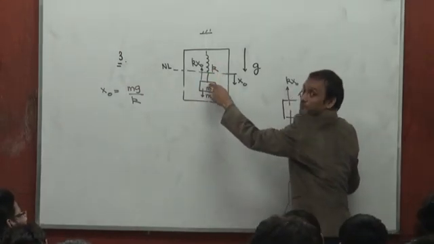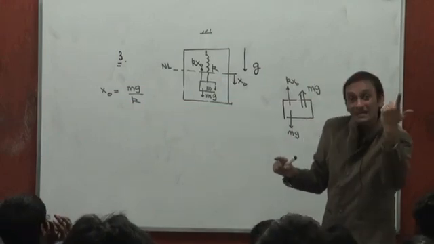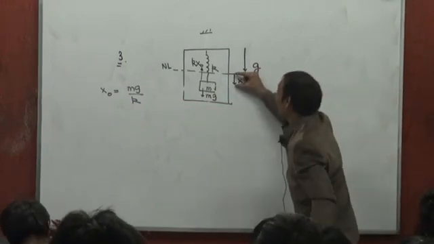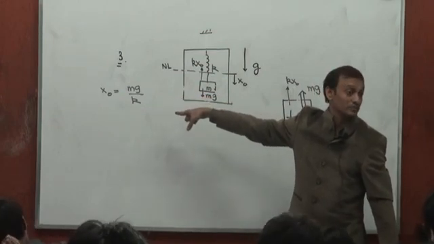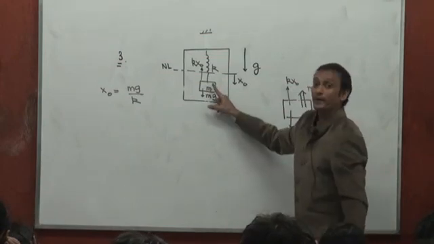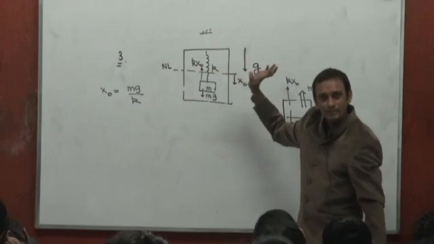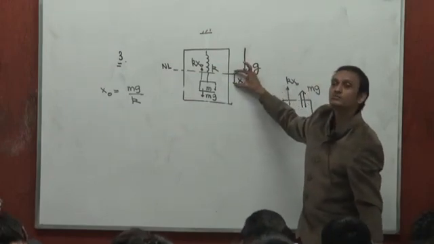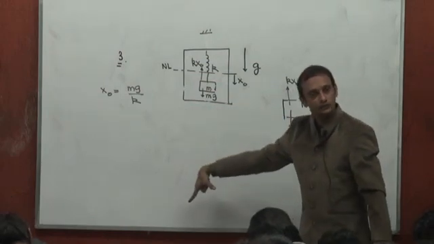So the motion of m is going to be simple harmonic in the elevator frame of reference, with amplitude x naught equal to mg by k, omega equal to root k by m.